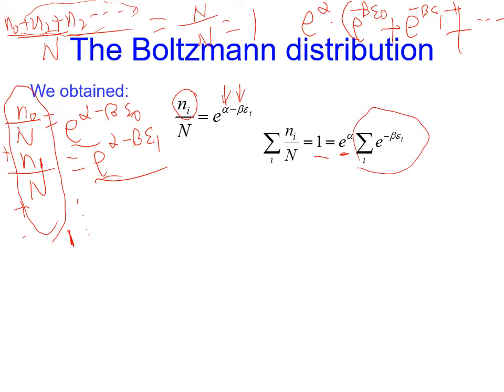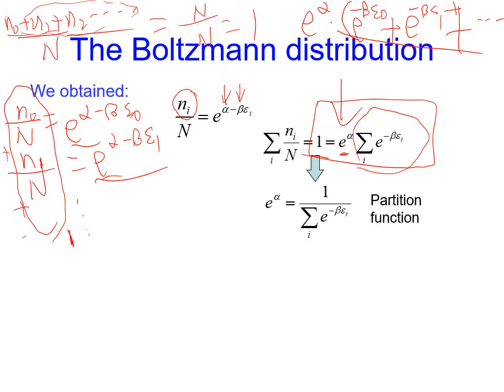Since i is arbitrary, you add over all energy levels. So by using this equation, we can calculate e to the alpha. e to the alpha should be 1 divided by the summation of e to the negative beta epsilon i over all energy levels. And if we substitute into this equation, we can remove alpha.